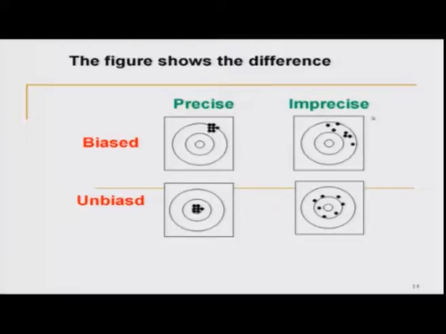In case of imprecise results, these findings are widely scattered, though in one case on one side of the truth and in another case on all sides of the truth. When they are scattered around all sides of the truth, they may be unbiased, but they are imprecise. In this case, they are imprecise as well as biased. This is the worst situation, this is the best situation. We aim at this, but we have to explore whether we are here or here or here.